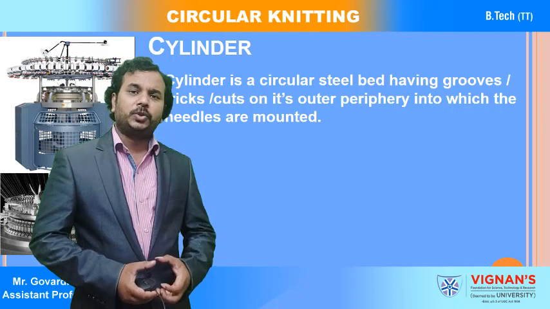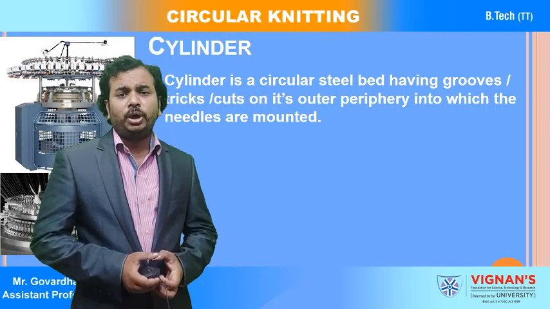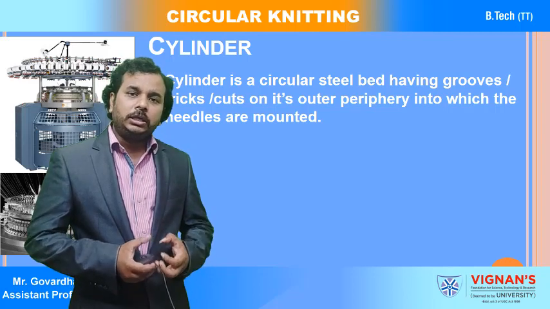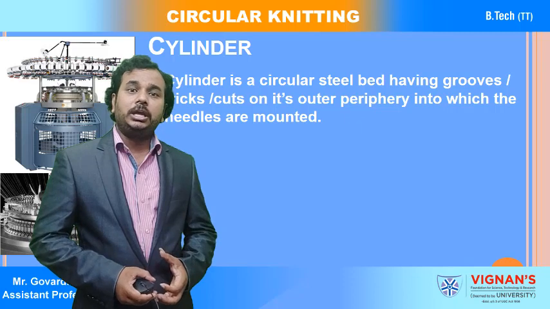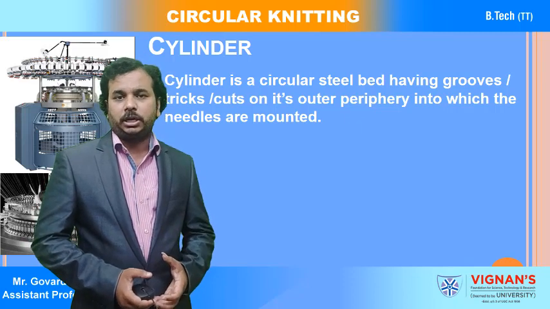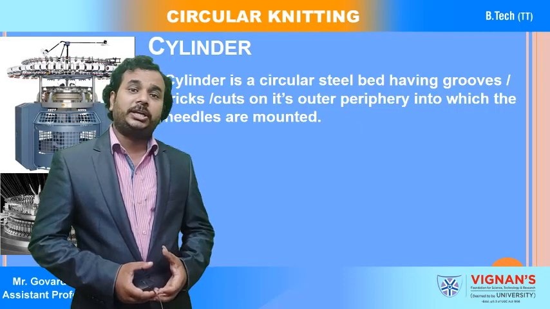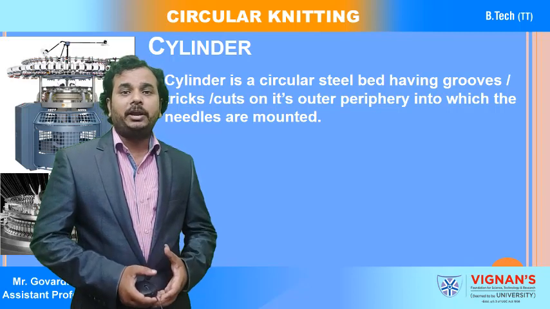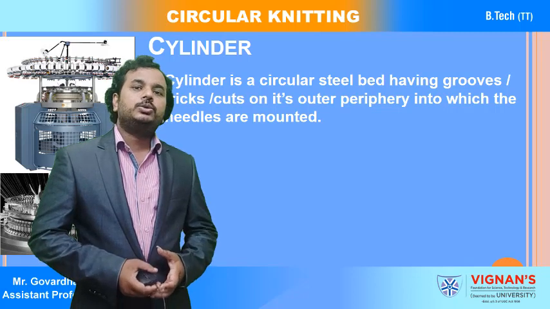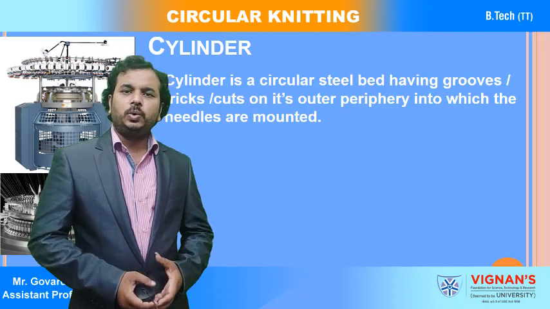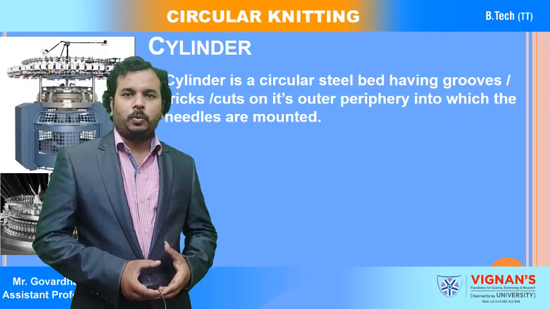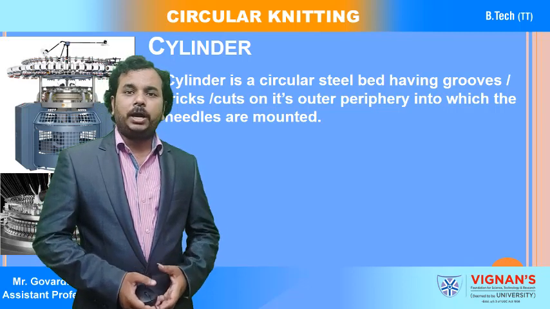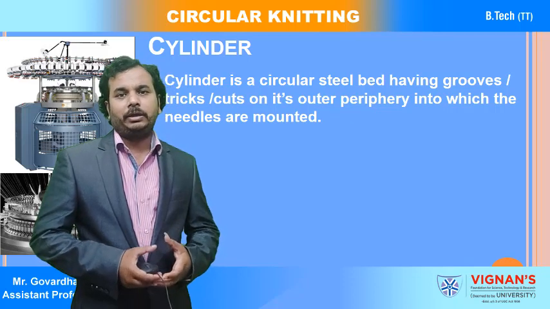The needles are moved up and down in the grooves, which are projected towards the outer periphery of the cylinder. In each and every groove we accommodate one needle. The needle is operated up and down with the help of cams.